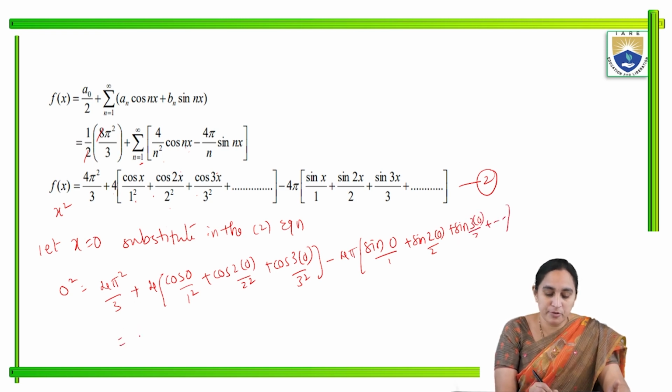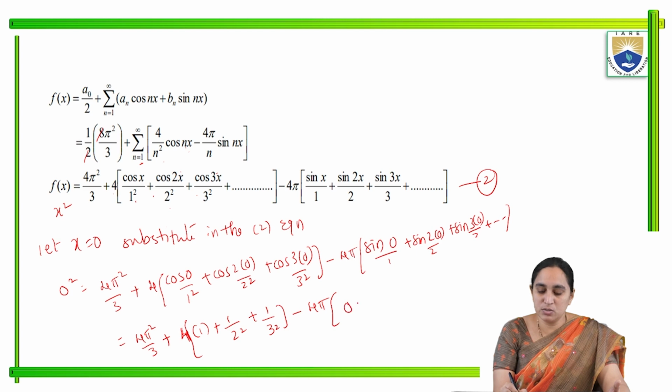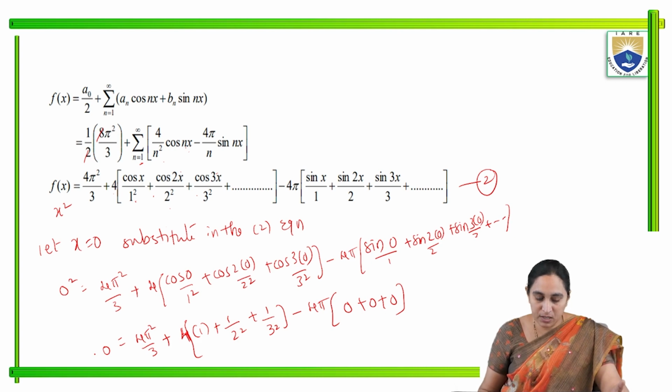From that, 4 pi square by 3 plus 4 into cos 0, whose value is 1, and 1 by 2 square cos 2 of 0, and this is 1 by 3 square. Minus 4 pi into sine 0, which is 0, sine 2 of 0 is 0, and sine 3 of 0 is 0.